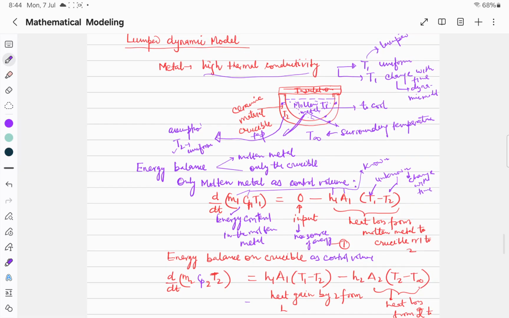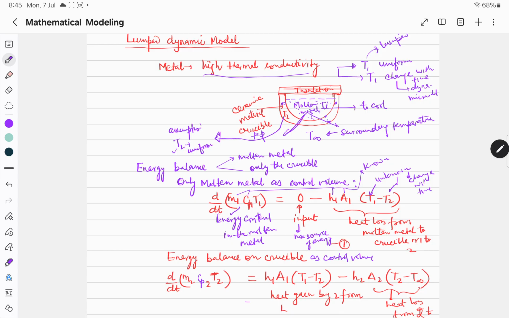For the energy balance, you can take the molten metal as a control volume, and you can take the crucible as another control volume. If you consider only the molten metal as the control volume, then m1 Cp1 T1 is the energy content of the molten metal, and the rate of change of energy content is d/dt of m1 Cp1 T1 equals input, which is 0 because the molten metal is not getting heat from anywhere, minus the heat going out from 1 to 2, meaning from molten metal to crucible.